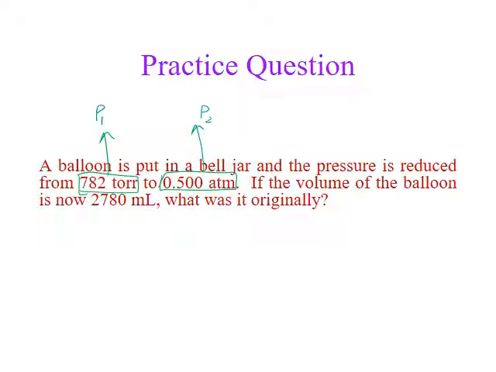If the volume of the balloon now is 2780 ml, what was it originally? Original volume means the initial volume, so that would be V1. The question is asking for that, and it's telling us that now the volume is this much, so V2 is 2780 ml.